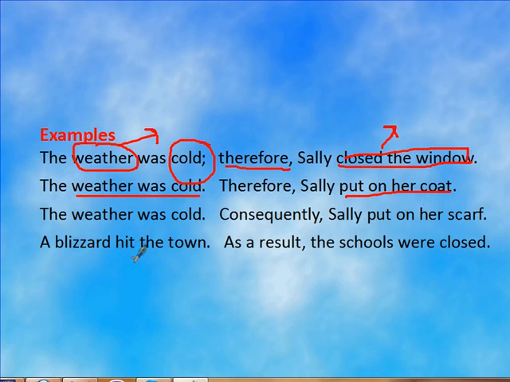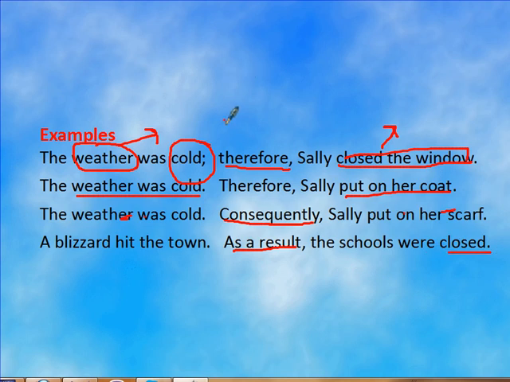In this example, the weather was cold, consequently Sally put on her scarf. This one again cause, and this one effect. Blizzard hit the town. As a result, the schools were closed.